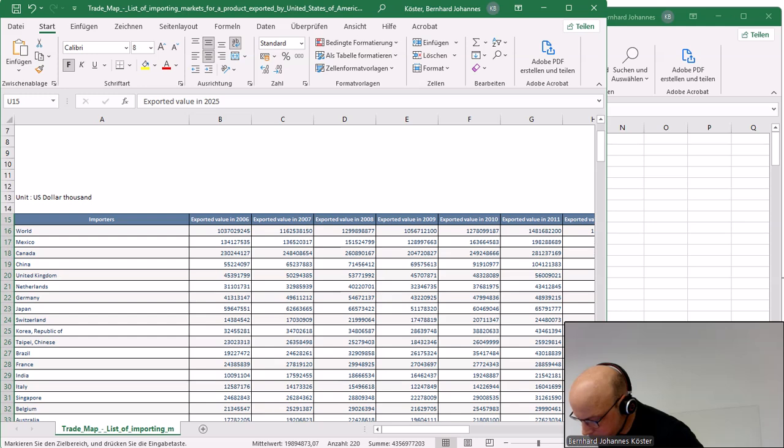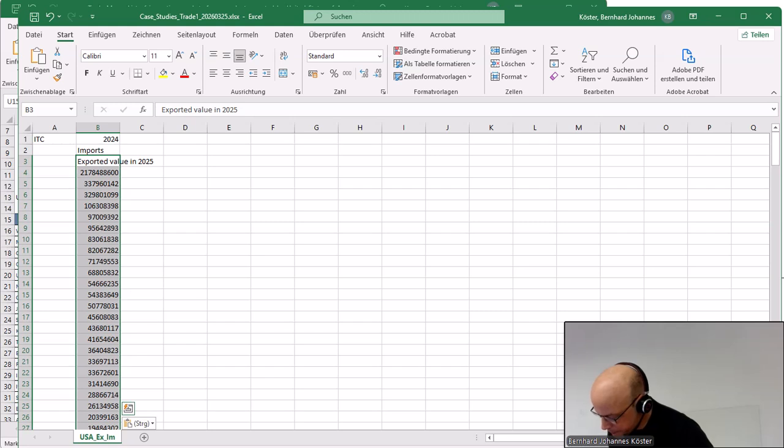Imported. Oh, this name means the importers, that the United States takes data from these countries.